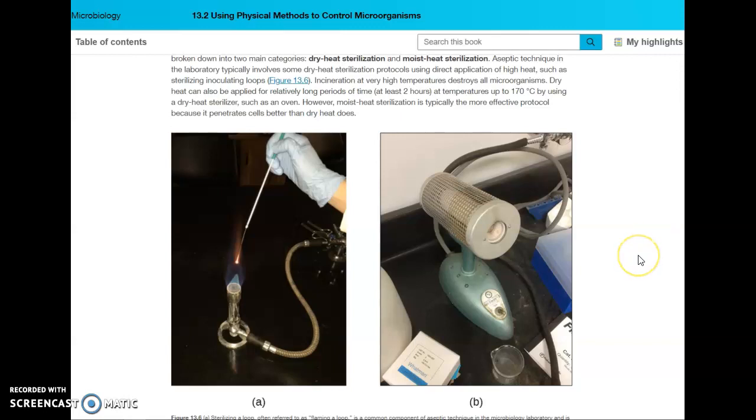Now, different methods of heat will achieve different goals. Some heat can be used as sterilization. Some heat can be used just as disinfection. It really determines what protocols you're using and the types of materials that you're trying to sterilize or disinfect.